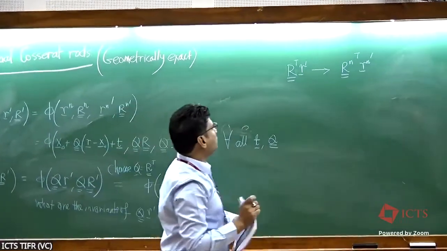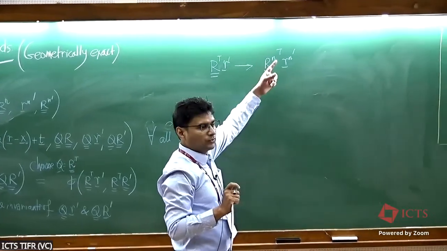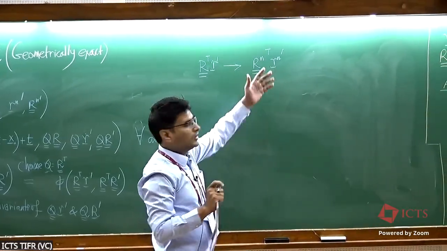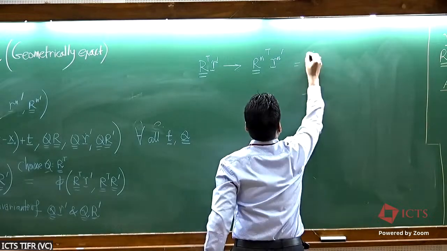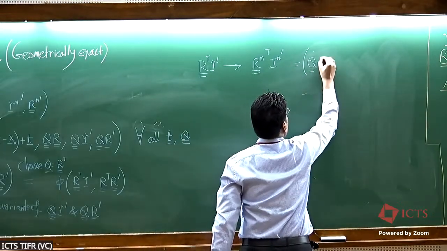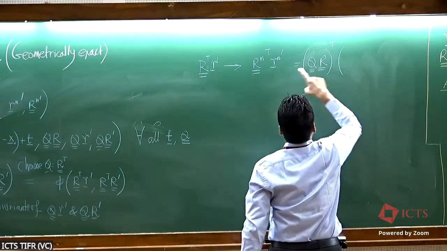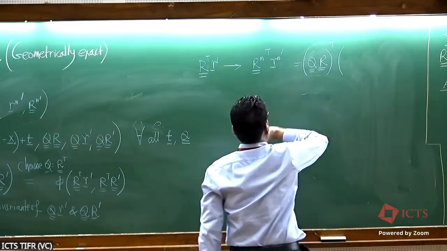If originally you have this combination, finally it will be big R nu transpose into little r nu prime. But what is big R nu? That's Q into big R, right? Take the transpose.